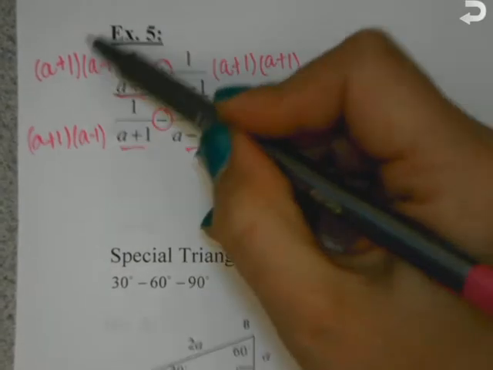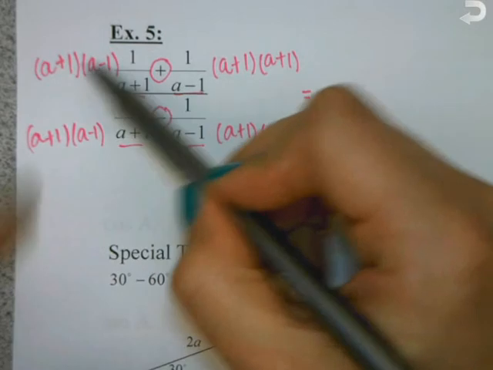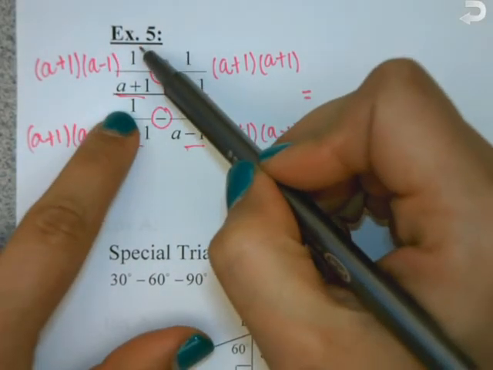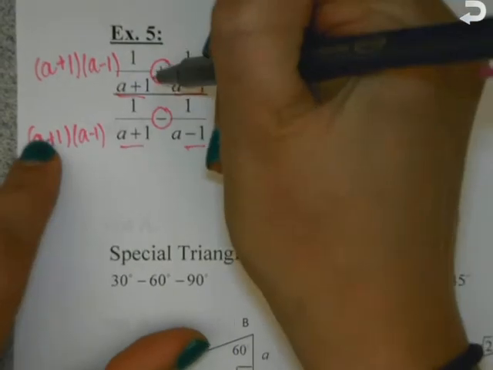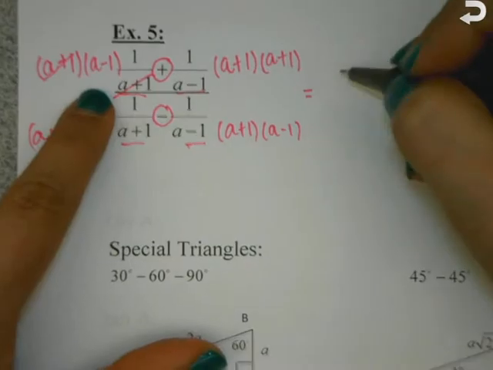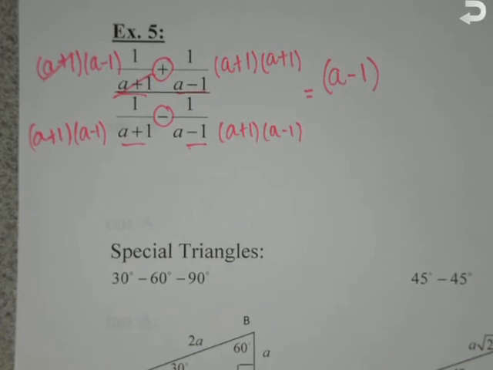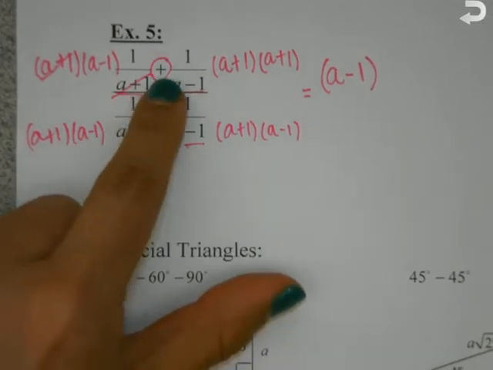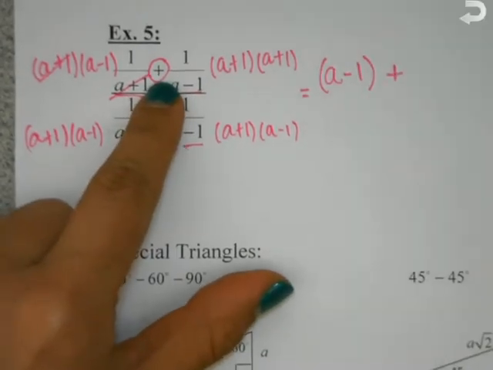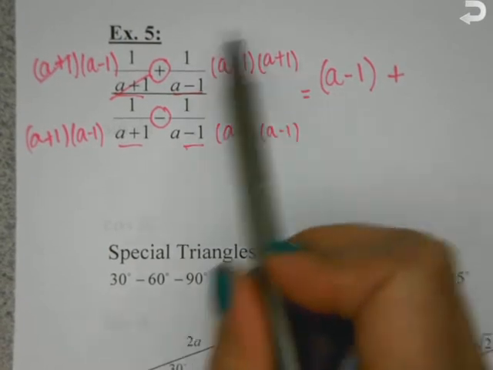Okay, let's do this piece by piece. a plus 1 times a minus 1 times 1 over a plus 1. The a plus 1's reduced, so we're left with a minus 1. Please keep it in parentheses for right now. Plus, what reduces here? a minus 1.